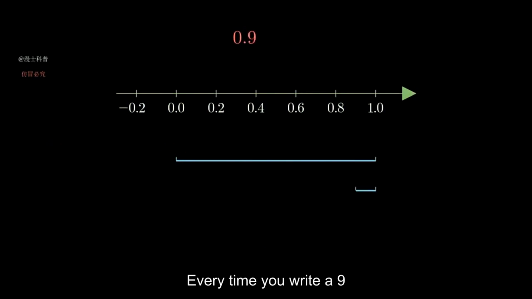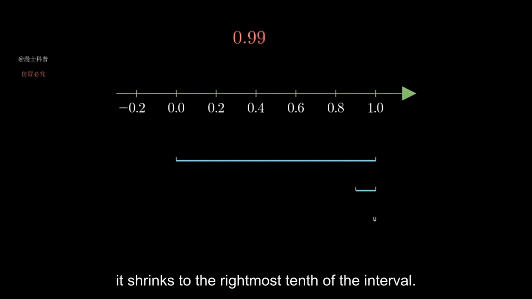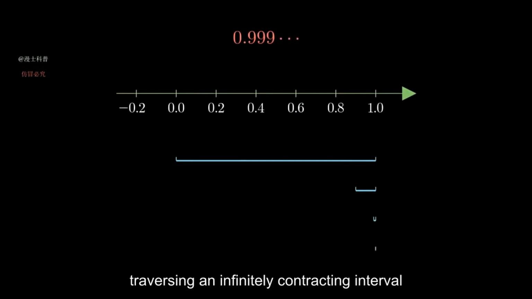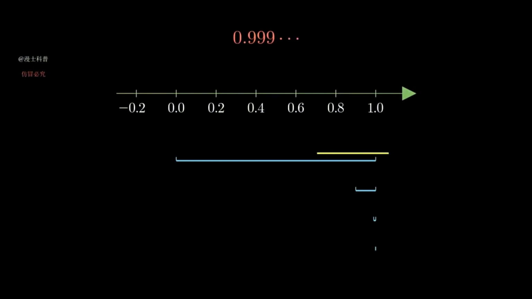Every time you write a 9, it shrinks to the rightmost tenth of the interval. Thus, when you endlessly write 9s, you are, in essence, traversing an infinitely contracting interval, a nested sequence of intervals.